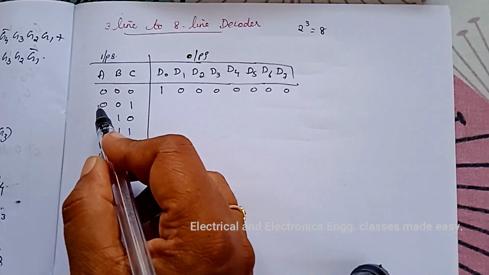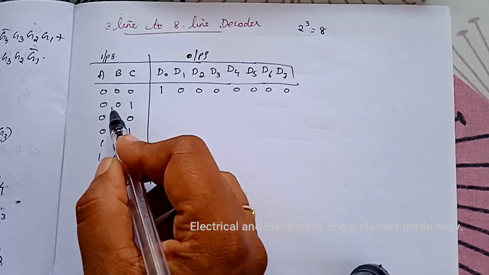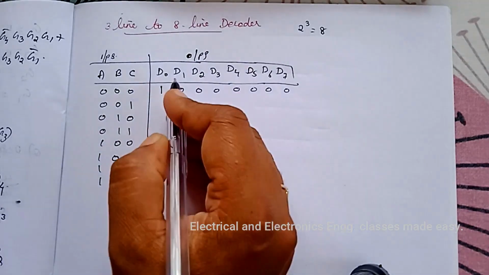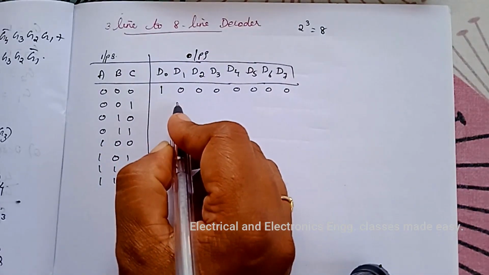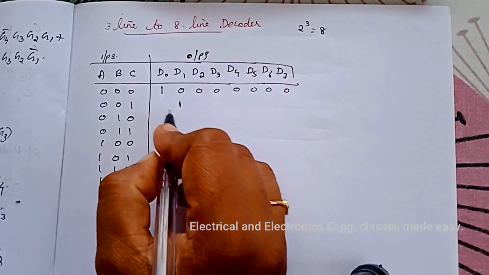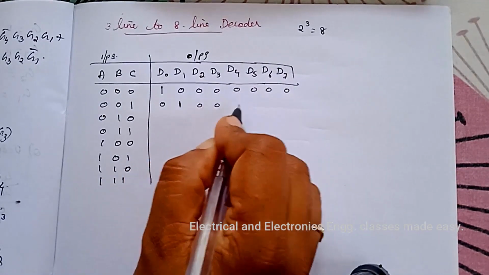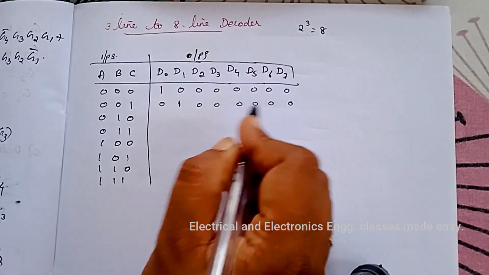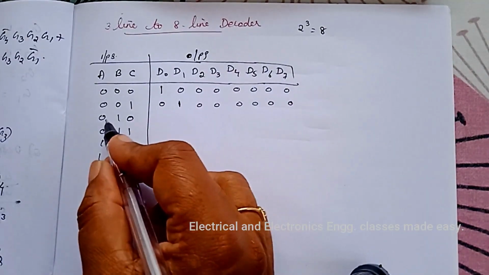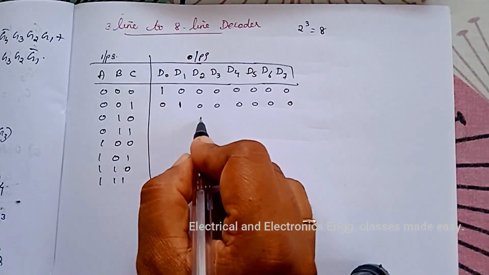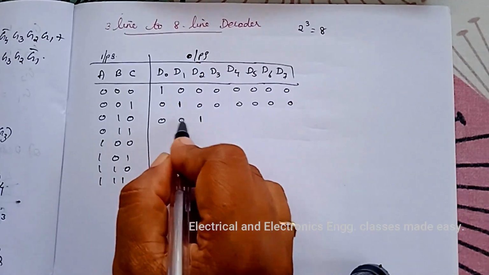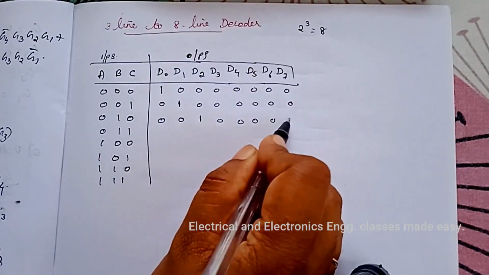Then for 0, 0, 1, only D1 will be high and all other outputs will be 0. Then for the next combination, D2 will be high and all others low.